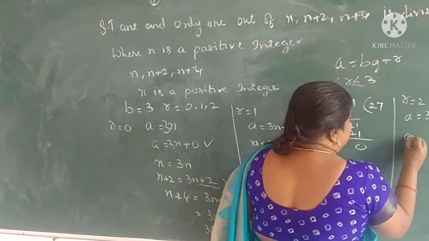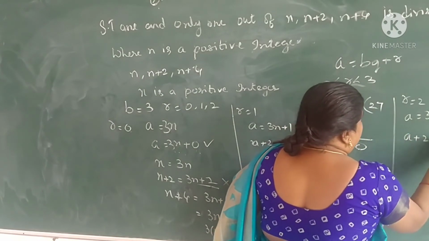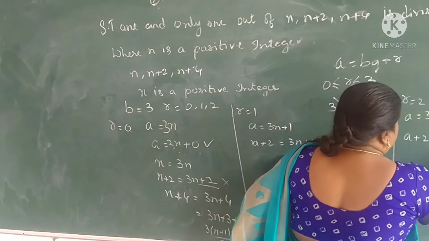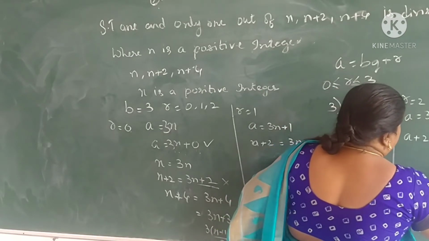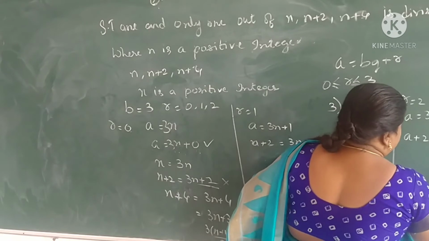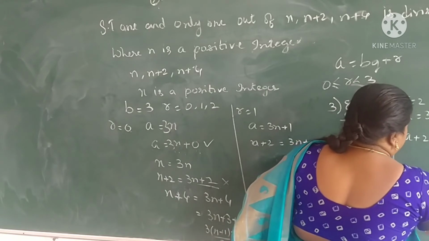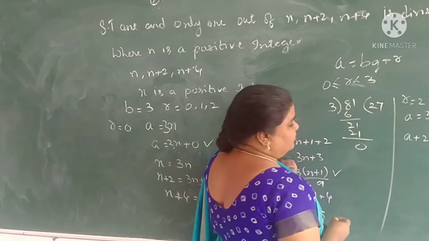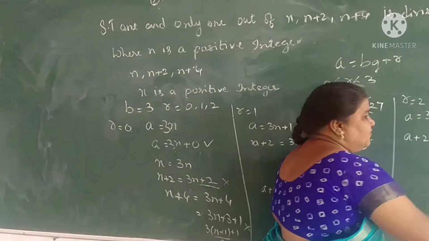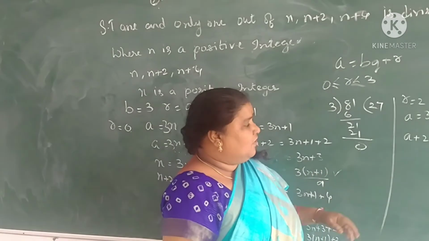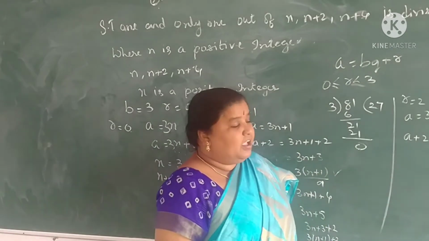In the next case, n plus 2: adding 3n plus 2 plus 2, it will be 3n plus 3 plus 1. Taking 3 common, 3(n plus 1) plus 1. If you take this as 3a plus 1, you get remainder 1, so it is also not divisible by 3.